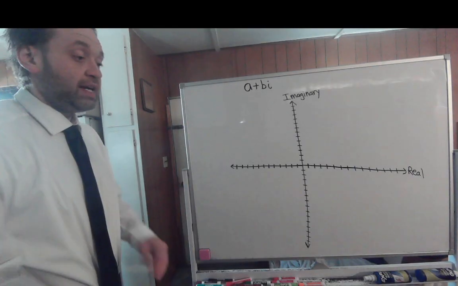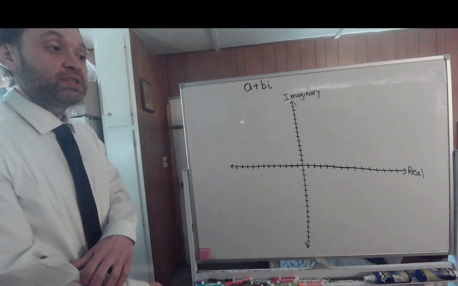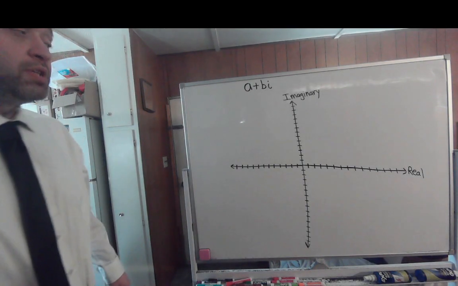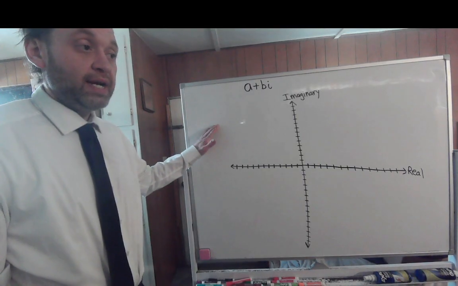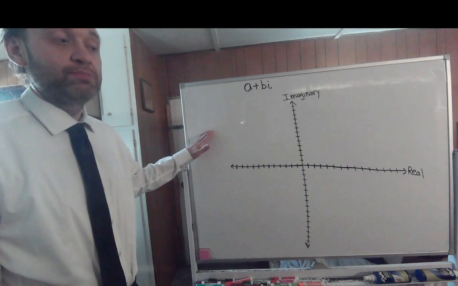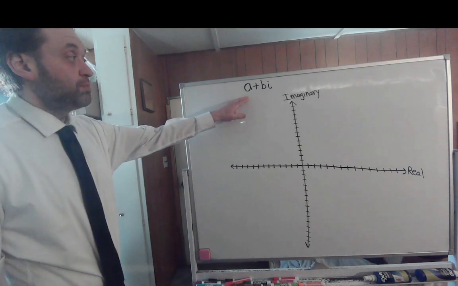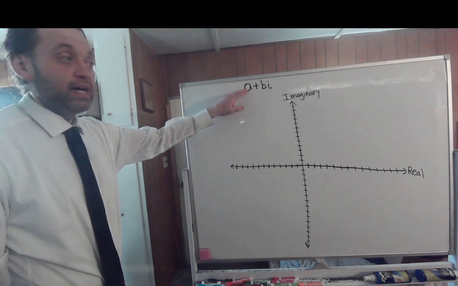So today we are going to talk about the standard form of a complex number, plotting numbers in the complex plane, and then doing simple addition and subtraction with complex numbers. So here you may see what is written as a plus bi.